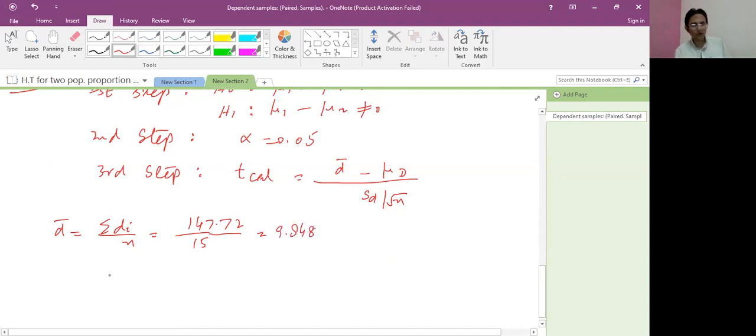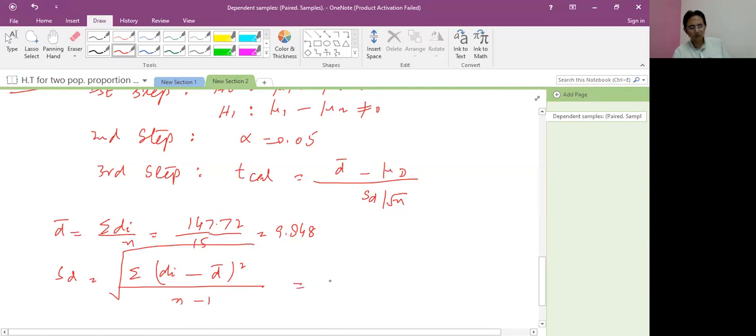Now similarly, if you find SD, what is SD? The square root of summation di minus d bar, whole square, divided by n minus 1. So we will easily find it is 18.474.